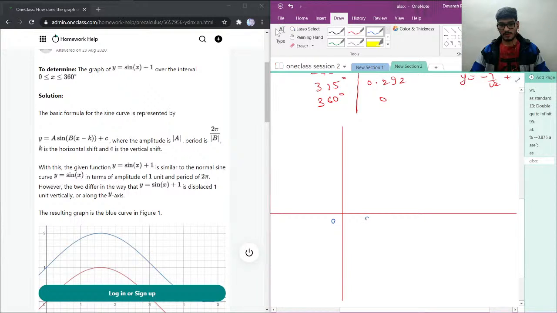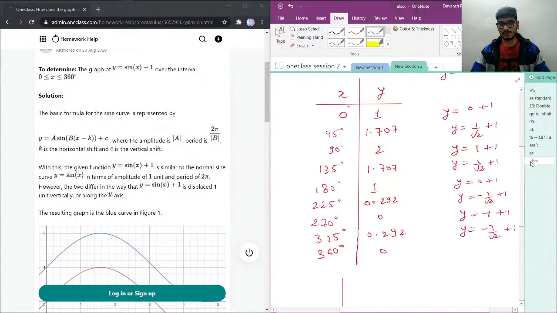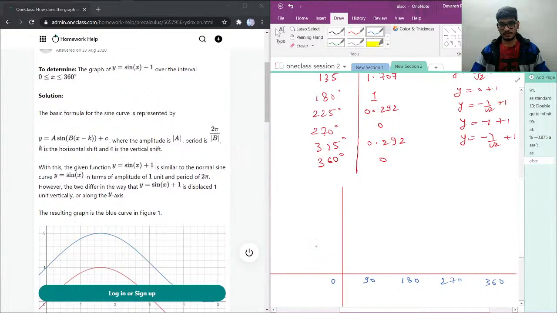I'll go for 90 directly, then 180, 270 and 360, and for y I have from 0 to 2.